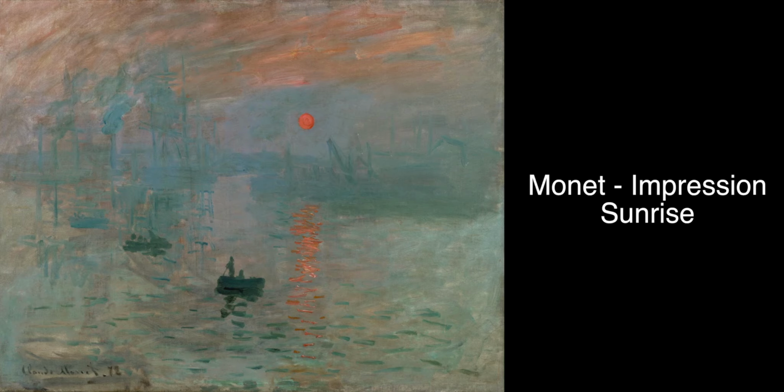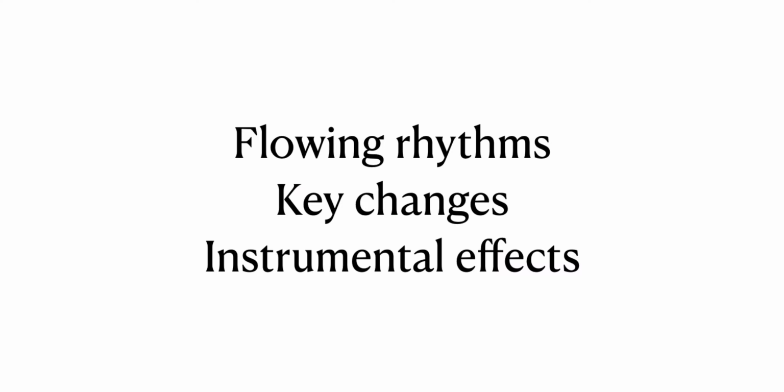The term Impressionism is taken from the painting style that began to gain influence in France during the late 1800s. It was used to describe Monet's work, such as Impression, Sunrise. So the Impressionistic composers used flowing rhythms, key changes, and instrumental effects to create an impression.